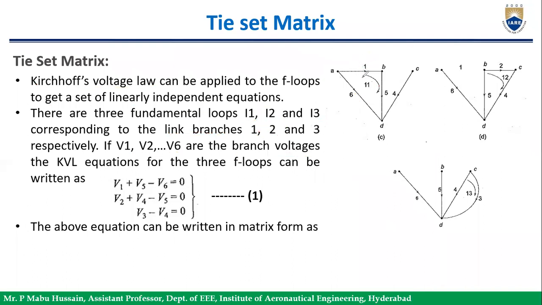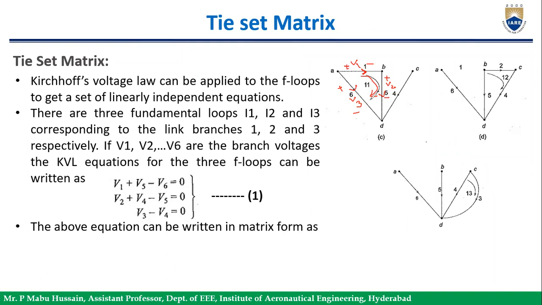Now apply the KVL in this loop. Here you have V1, here you have V2, here you have V3. Now how can you assign the plus and minus signs according to the direction? In this direction this will be plus, this will be minus. Now it is the downward direction, so it is plus, it is minus. Here in this direction, here plus, here minus. Now you apply the KVL.